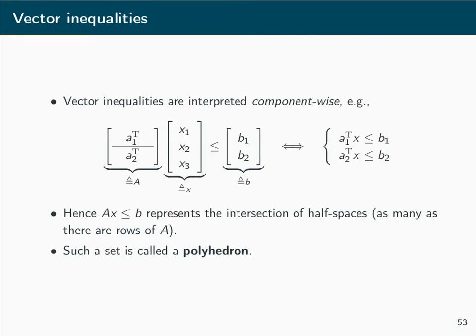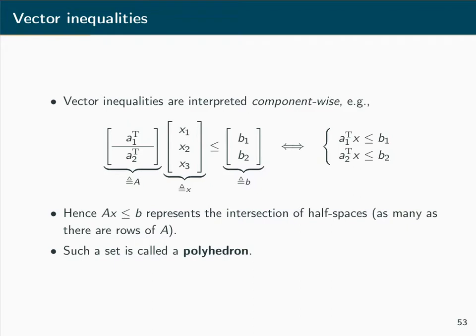A system of linear inequalities, which is also called vector inequalities, is defined analogously to a system of linear equalities. So now we don't just have a single inequality, but we have multiple inequalities where the vectors A are stacked up in a matrix and the right-hand sides are stacked up in a vector.